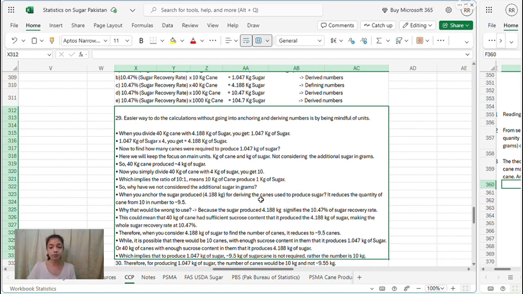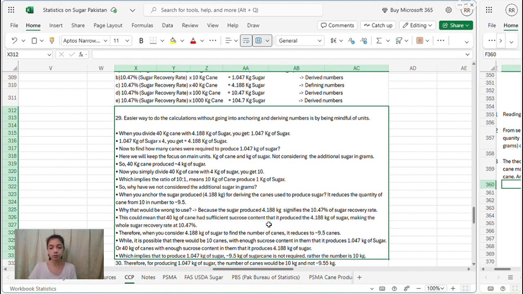So why have we not considered the additional sugar in grams? When you anchor sugar produced at 4.188 kgs for deriving the canes used to produce that sugar quantity, it reduces the quantity of cane from 10 to approximately 9.5. Why would that be wrong to use?